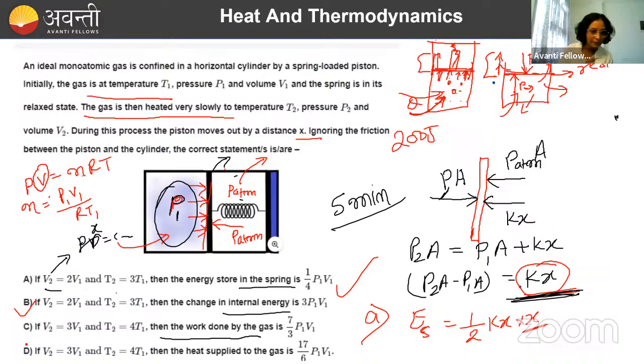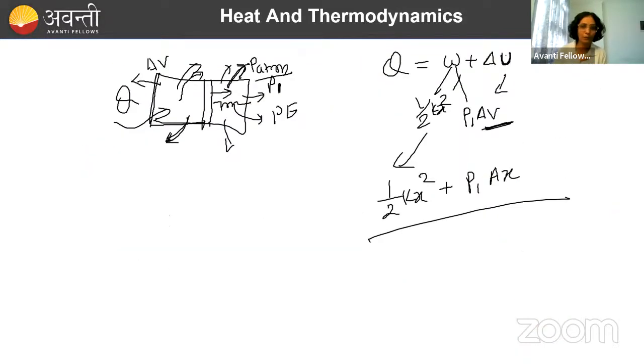But here the variables are different: V2 here is 2V1 and here it is 3V1; T2 here is 3T1 and here it is 4T1. So the energy stored in the spring in the first case won't be the same in case C, because the final parameters are given differently. So we need to calculate it, but we already know how.